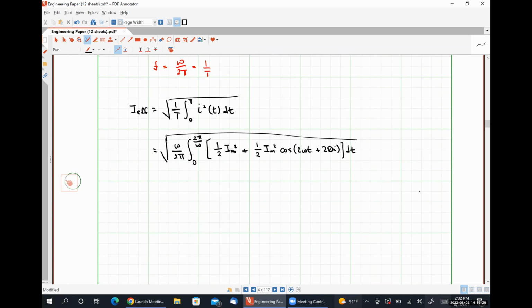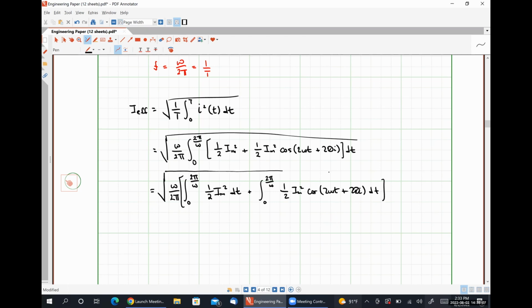Much like I did yesterday, I can split this up into 2 integrals. And I'll have 1/2 Im squared dt here. And then 1/2 Im squared cosine of twice omega t plus twice theta I dt here.